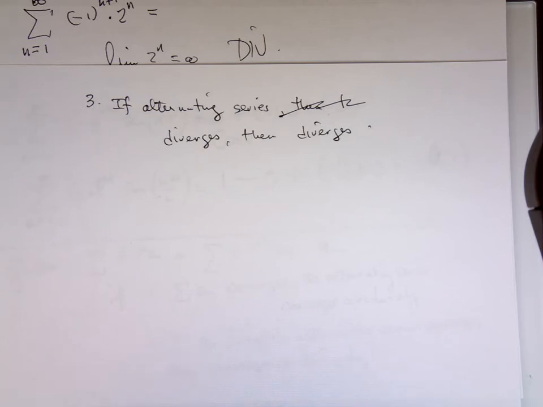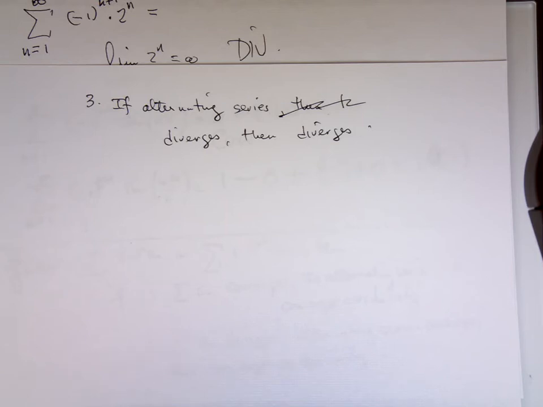You've got 3 possibilities for every alternating series. 1, it converges absolutely because its positive series converged. 2, it converges conditionally because its positive series diverged, but the alternating series converged. And 3, the alternating series diverges. Those are the 3 possibilities.